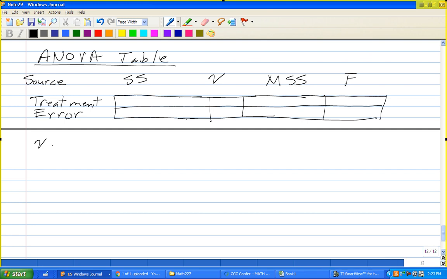The degrees of freedom for treatment, I've already done that. It's just k minus 1, which is 3 minus 1, which is 2. Let's put a 2 there.